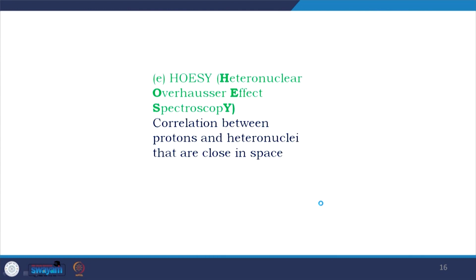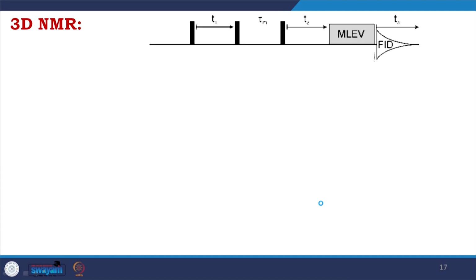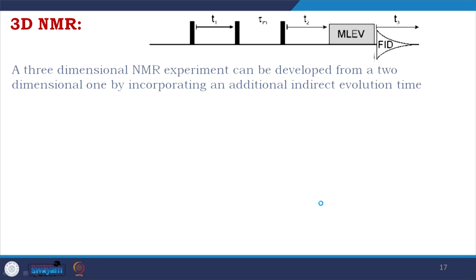Another one, the last one, is HOESY, which is Heteronuclear Overhauser Effect Spectroscopy. It makes correlation between proton and heteronuclei that are close in space, like NOESY. Now, we are shifting to 3D or multi-dimensional NMR.